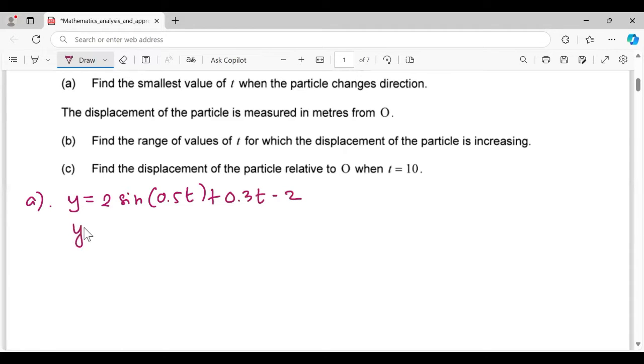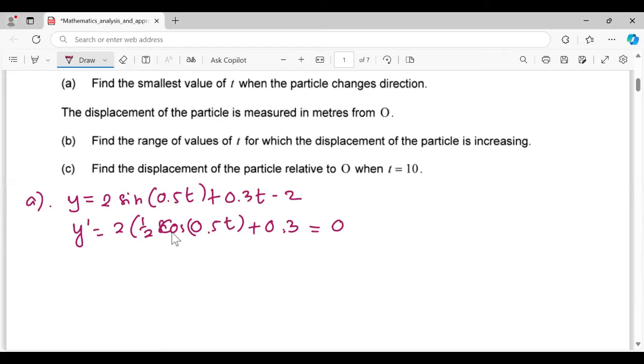And the first derivative is 2 times half cosine 0.5t plus 0.3, and it should be 0.